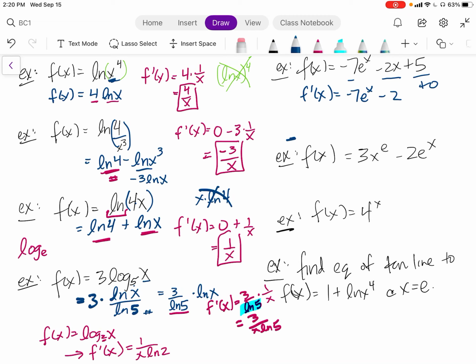So if I have x to some number, the rule is that you bring down the power and subtract 1, right? So as ugly as this next one is, if e is in the exponent and x is your base, the derivative is, I'm going to bring down that e, x stays the same, right? Like the derivative of x squared is 2x, the x stays the same. And the new exponent is e minus 1.